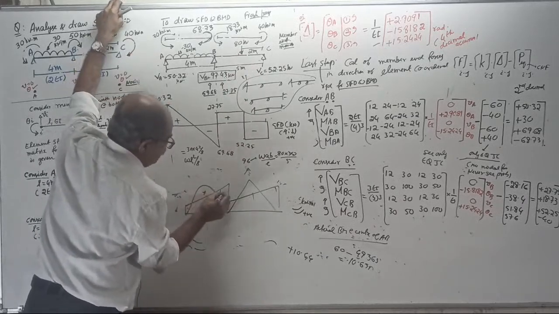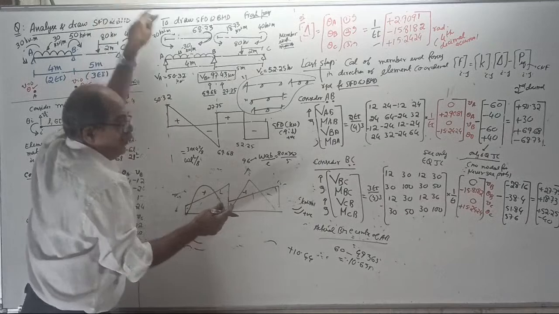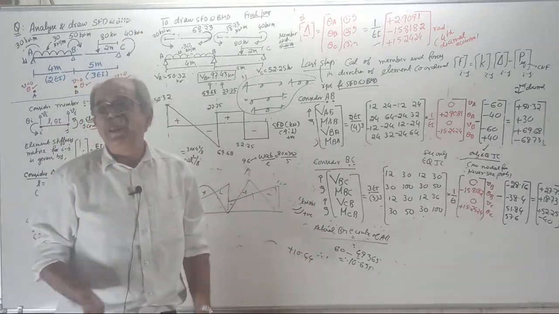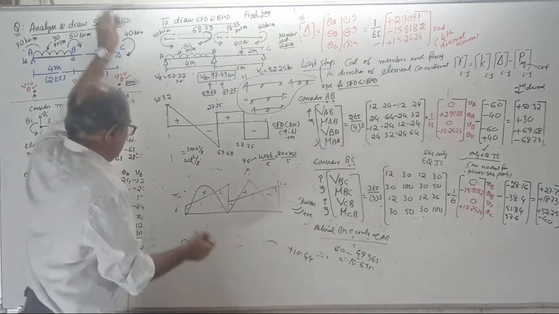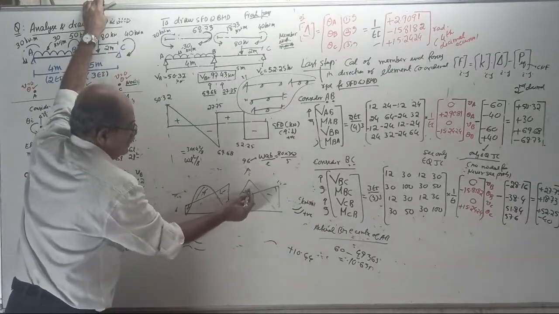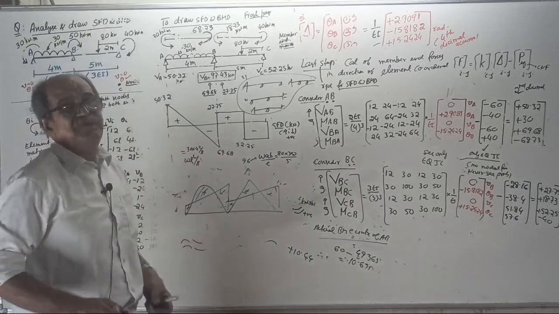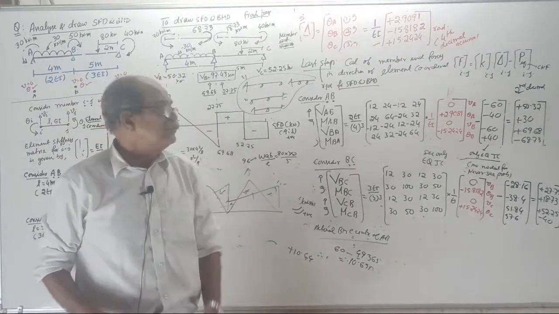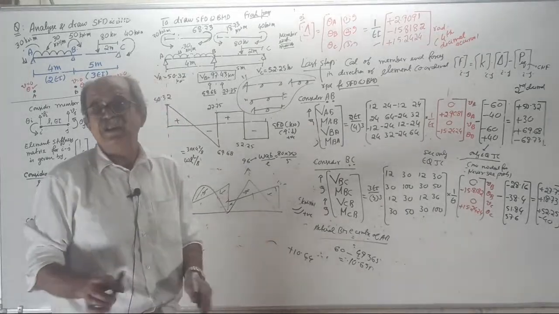Minus plus. Why? Who knows why? Somebody told us that way when we did it in B, and same continuing. That is called without concept. But anyway, this is FEM class. So SFD BMD is actually B. Those who are serious, they should learn.